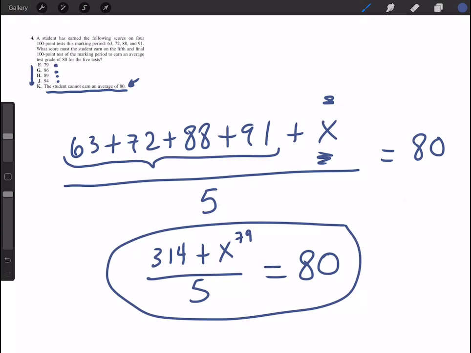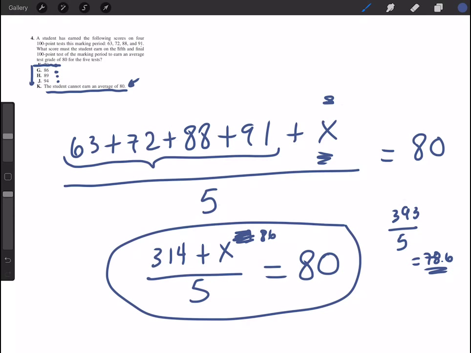If we do 314 plus 79, we get an answer of 393. And 393 divided by 5 is clearly not equal to 80. It's equal to 78.6. So 79 is not the right choice.